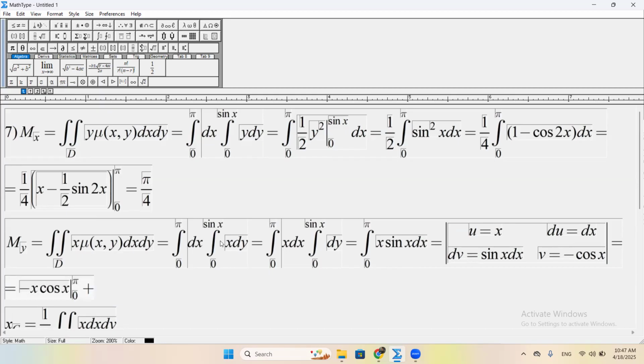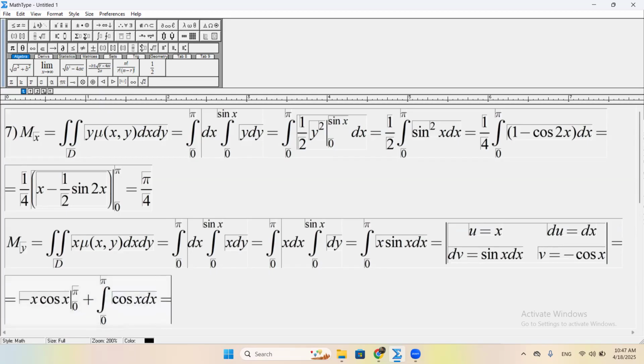plus the integral of cosine of x dx. So what do we have here for this part? Minus p multiplied by minus 1, since cosine of p is minus 1, so p, and here p minus 0.